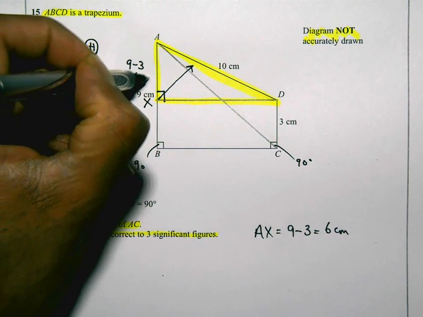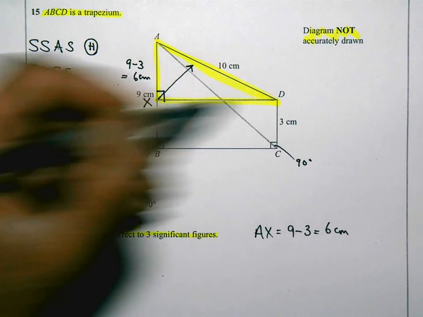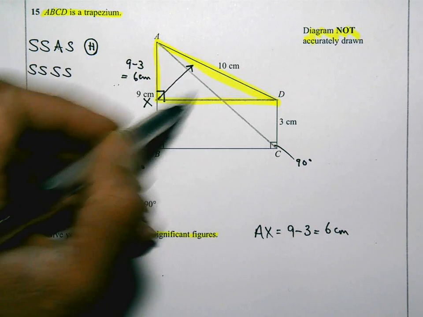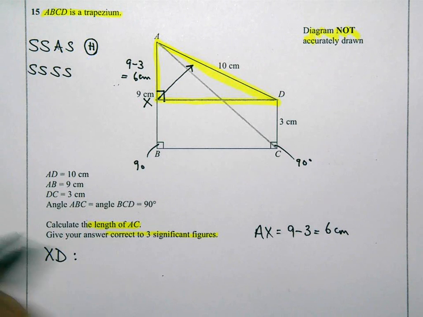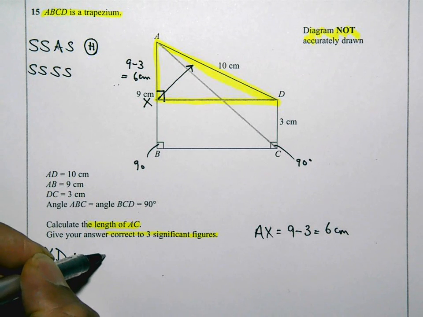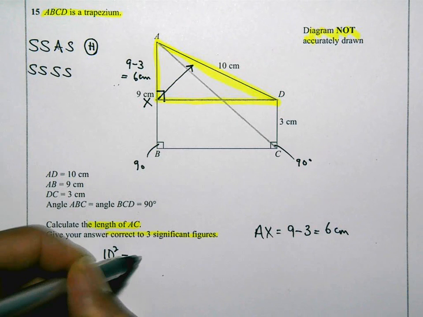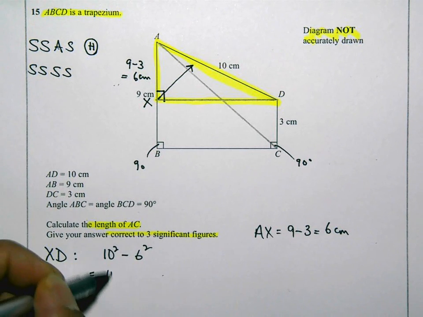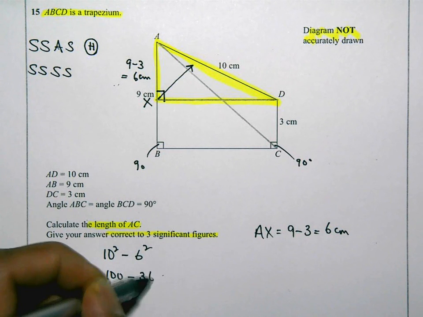Okay, so to work out this bottom bit, I'm going to square those two numbers, and because I know the hypotenuse, I'm going to have to subtract. So what am I going to do? I'm going to do 10 squared take away 6 squared. So square, square, subtract. That's 100 take away 36, which is 64.